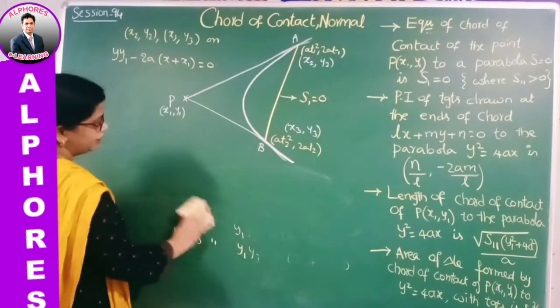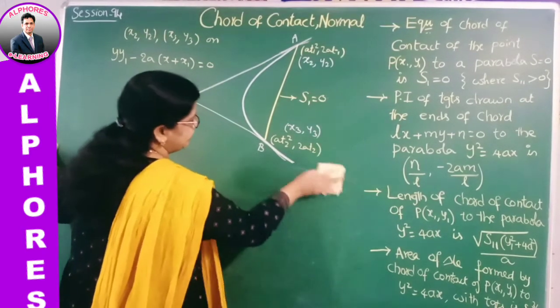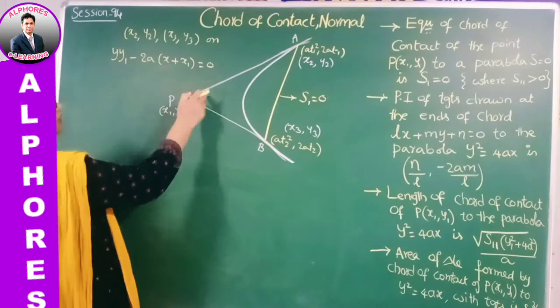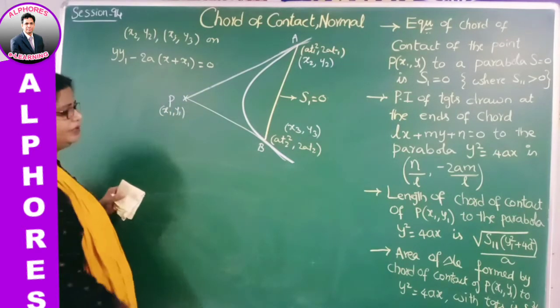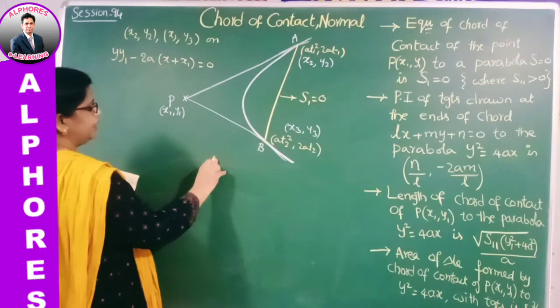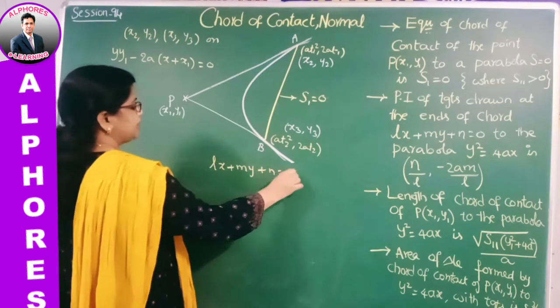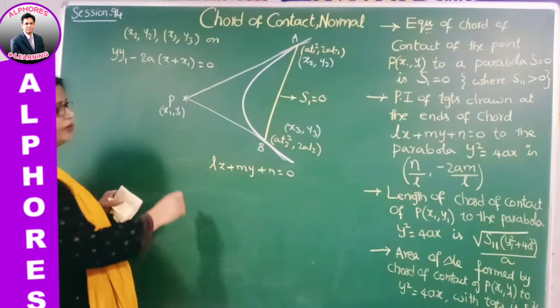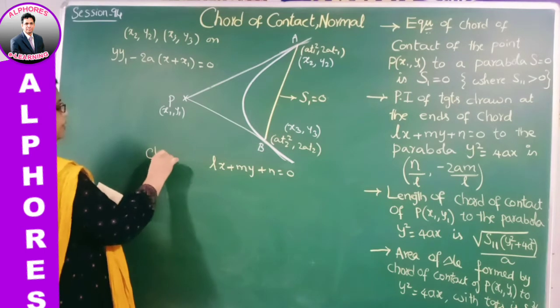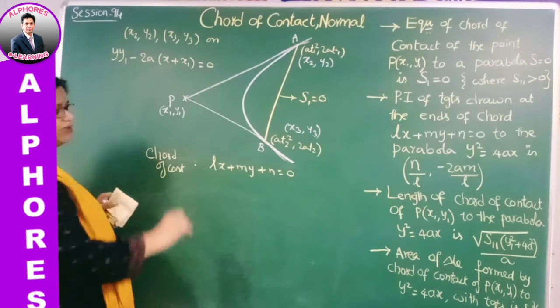Okay, and next one, our interest is here, the point of intersection of tangents. Simply, students, you can make use of it here, earlier whenever Lx plus My plus N equal to 0. Suppose this is our chord of contact, Lx plus My plus N is 0.